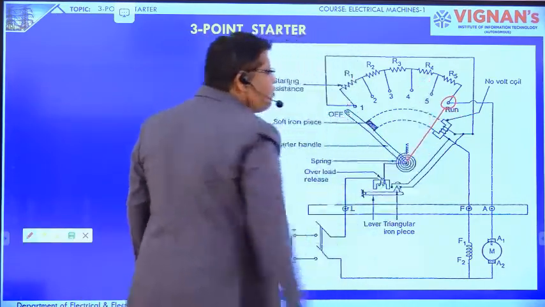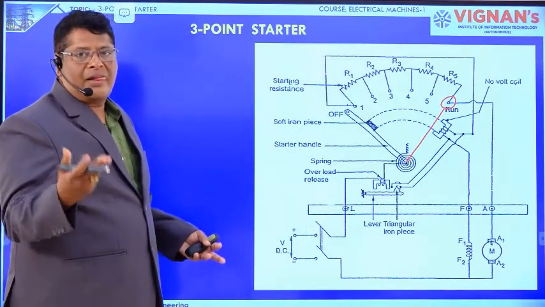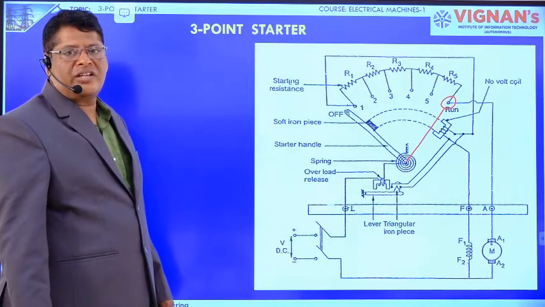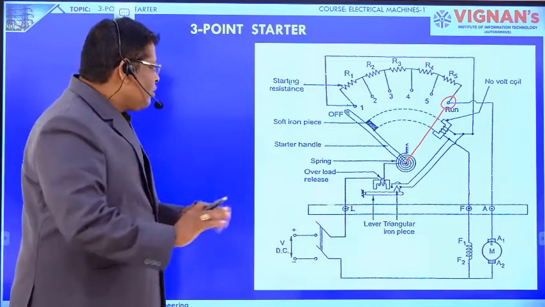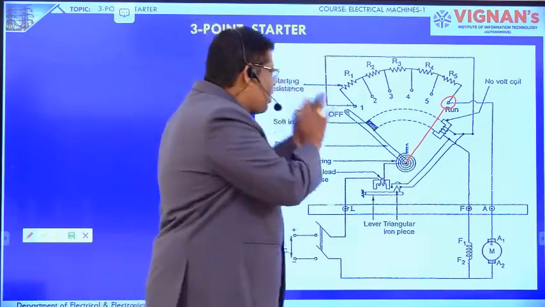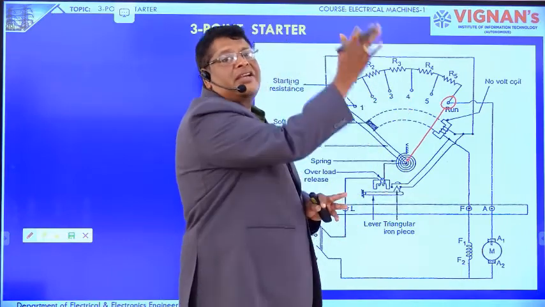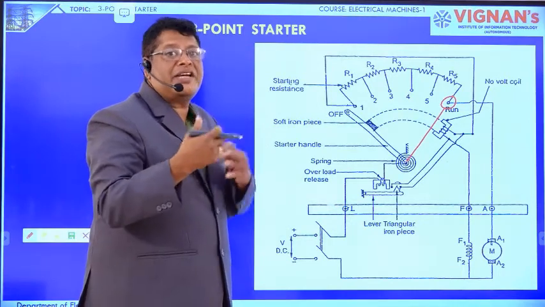How much time it will take? It should not take more than half a minute or 1 minute. Within that time, you can move the handle from stud 1 to the final run position as the speed increases. You can observe whether the motor speed is increasing or not.